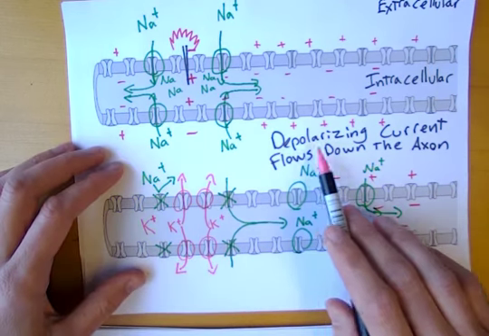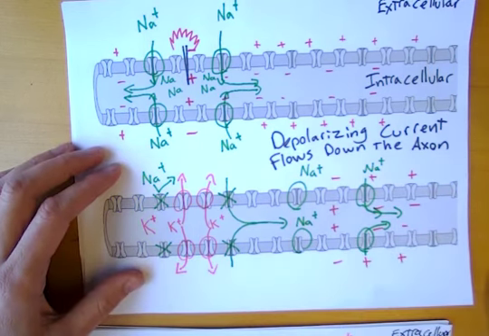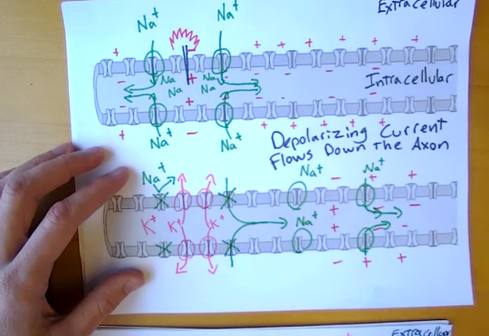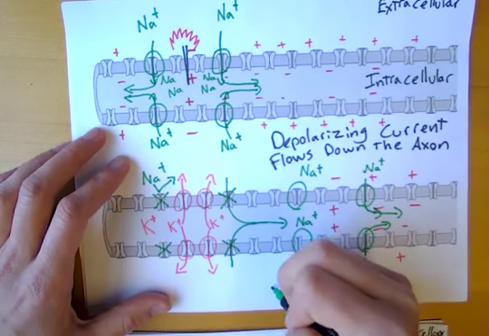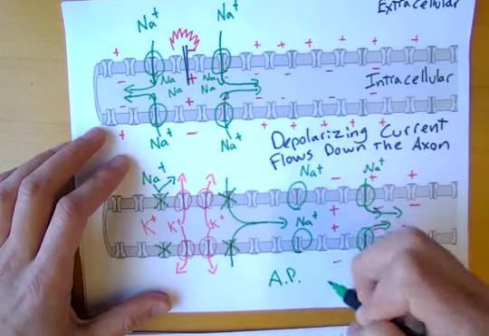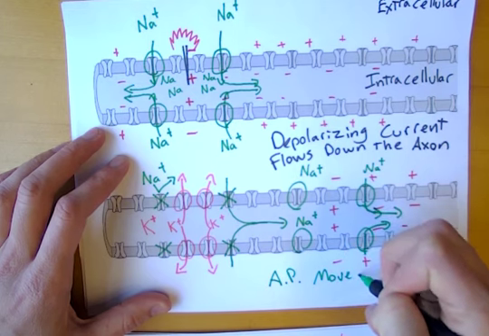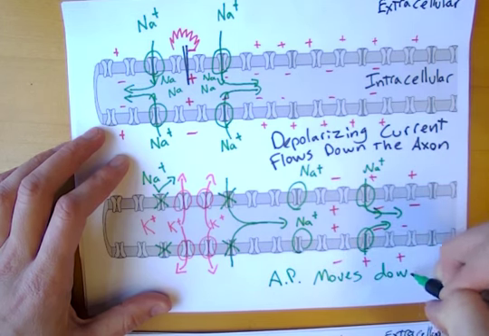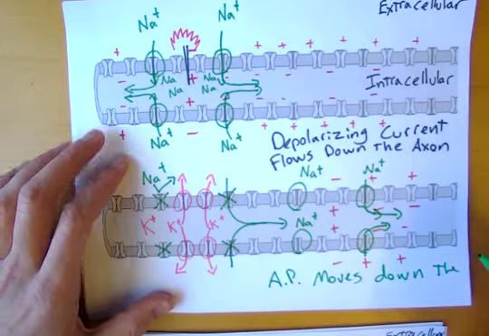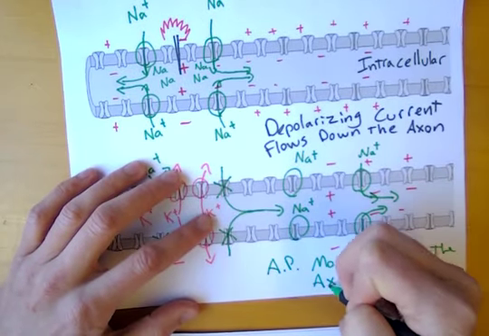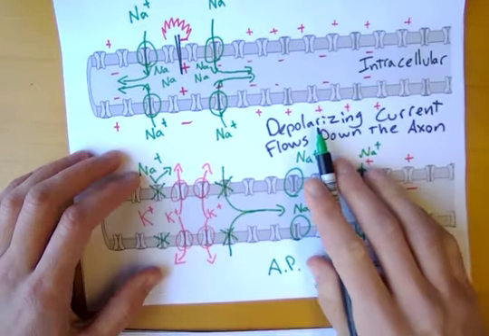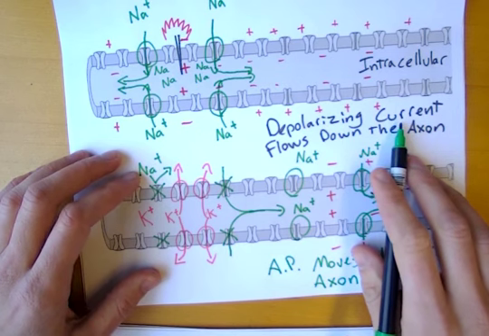So as this depolarizing current flows down the axon, and as a result, the action potential moves down the axon, operating under the assumption that this depolarizing current is enough to get it past that threshold.